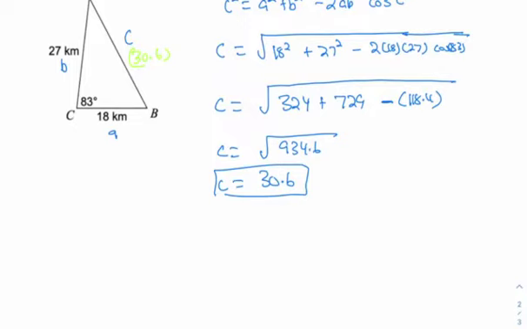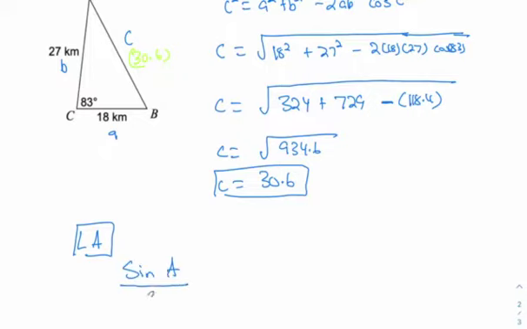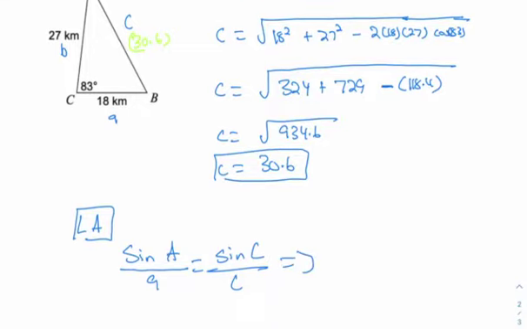So I'm going to solve for angle A. Angle A. Okay, so I can say the sine of A, which is what I am trying to solve, over side A equals the sine of C over side C. So we'll just move back to this familiar pattern, but let's go ahead and fill this in. So the sine of A, I don't know angle A, but I have side A, and then sine of C over side C.